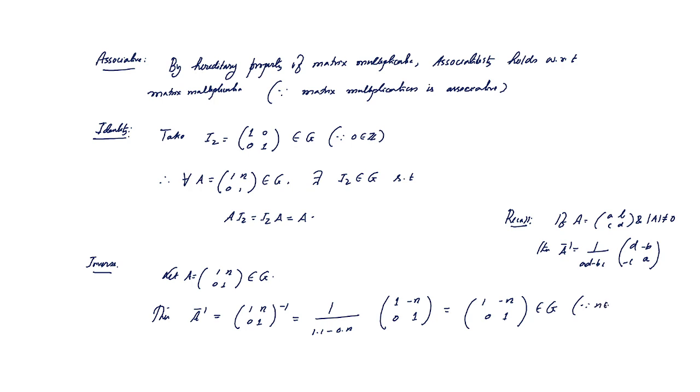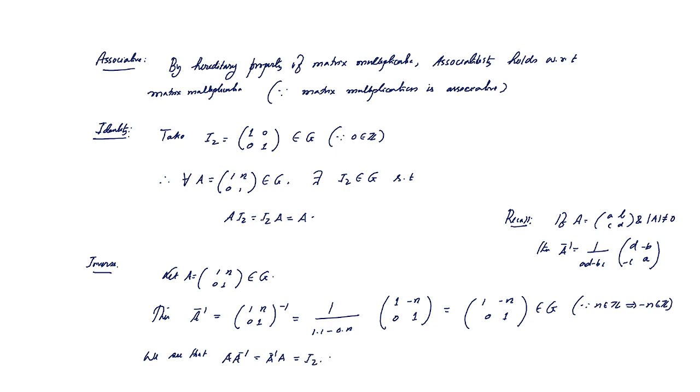Why? Since n belongs to Z implies minus n is also an integer. And we see that here A A inverse equals A inverse A, which is basically the identity.